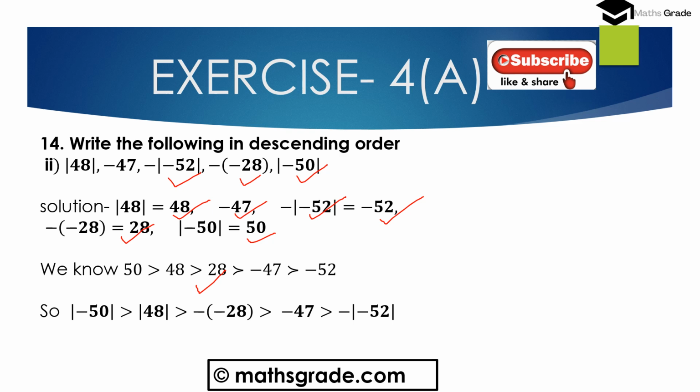Minus 52 is the smallest negative integer and 50 is the greatest positive integer in this set of integers. So absolute value of minus 50 is greater than absolute value of 48, is greater than minus of minus 28, is greater than minus 47, is greater than minus of absolute value of minus 52.